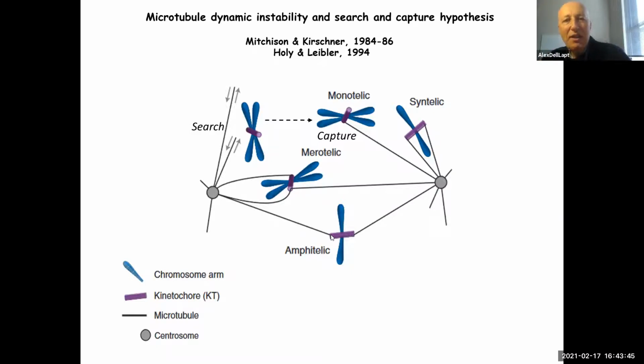It was rediscovered in a very elegant paper by Holy and Leibler, who used basically calculus and elementary probability theory to compute the optimal regime of dynamic instability for the fast assembly of the spindle. They estimated that with observed, measured parameters of the instability, you need basically 10 to 20 to 30 minutes to assemble the spindle. And this paper pretty much started this whole business of computational work on mitosis.